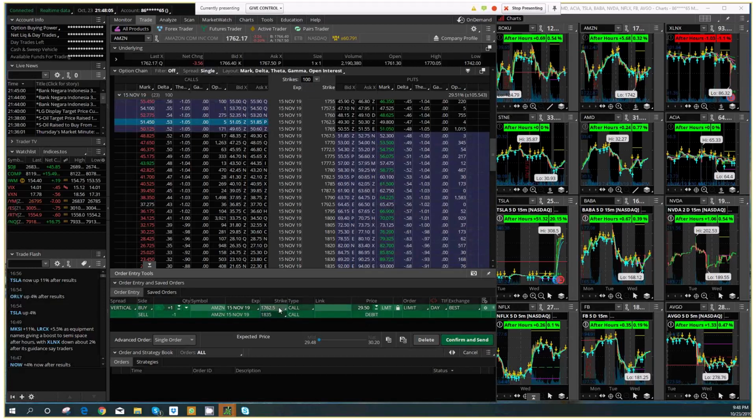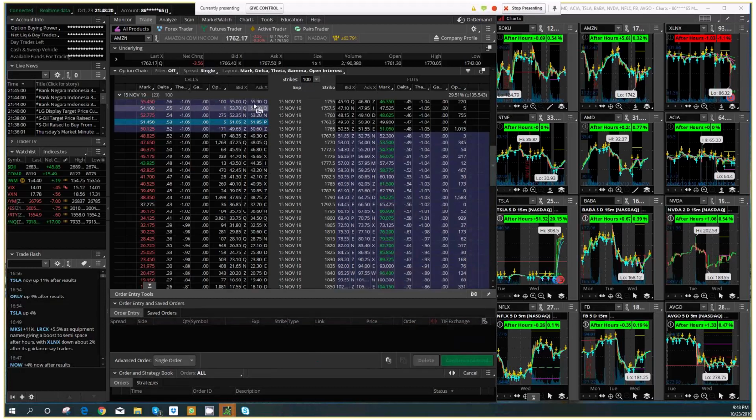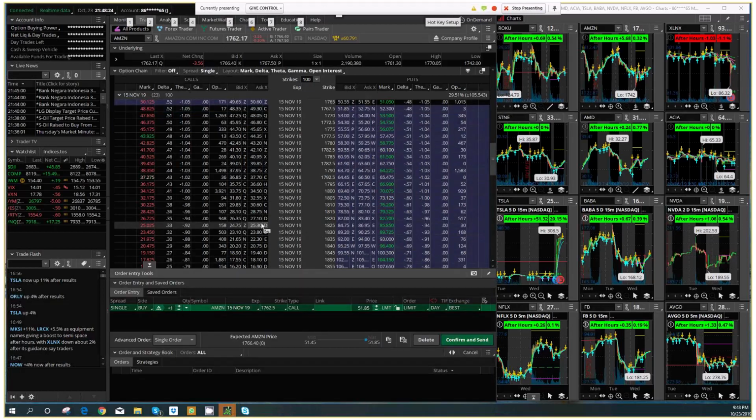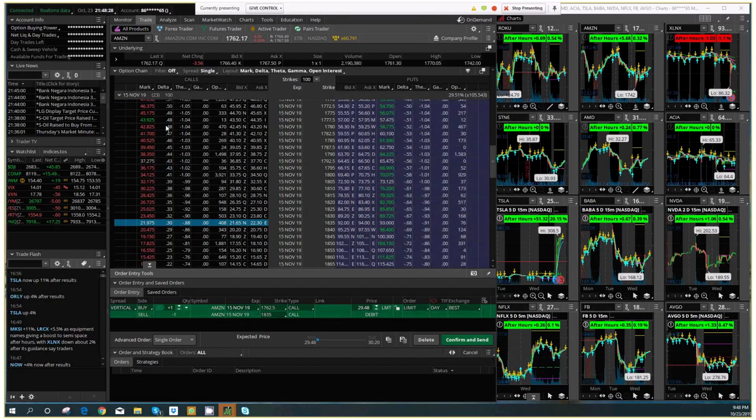Now, this is your max risk, and this is my target. If I thought it was going to go up to this price, I would do this structure. You enter it by buying the lower strike and then selling the higher strike, and the difference between these two prices comes over here.